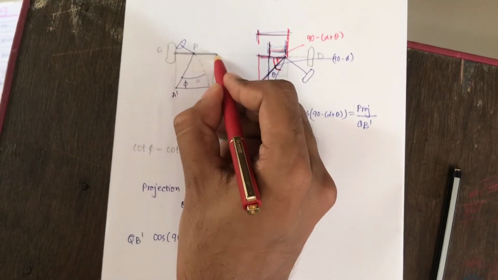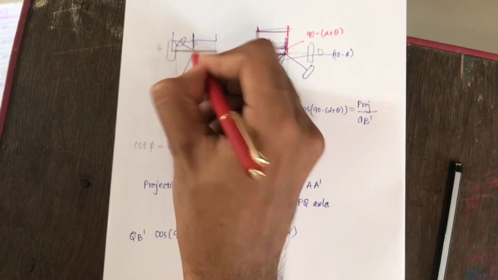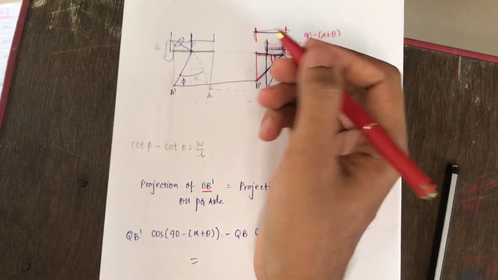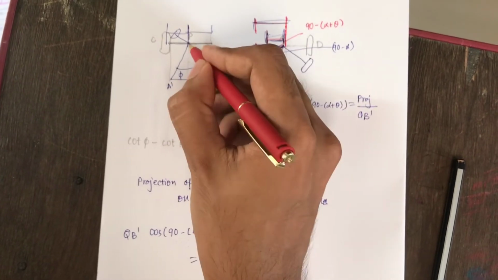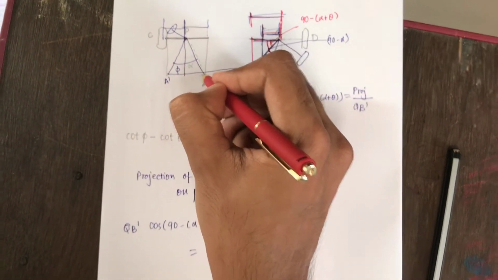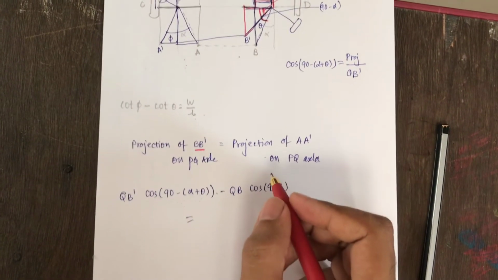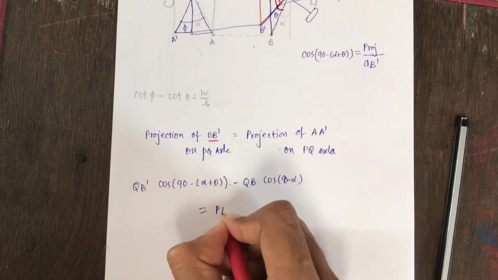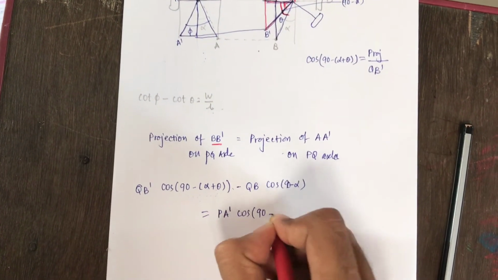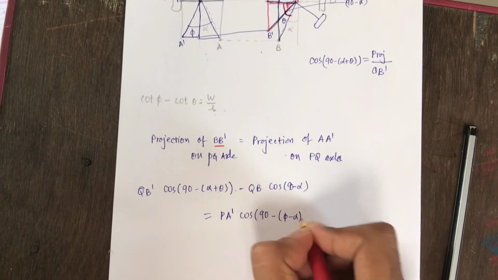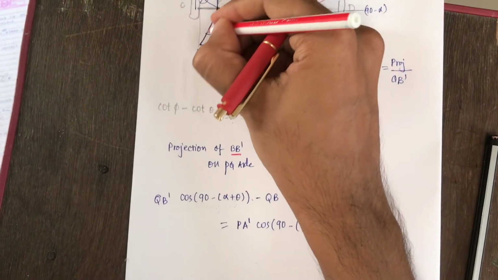Now for the projection of AA dash, it is the summation from P to the right side and P to the left side. Again both are triangles. In that case we can consider this triangle as well as these two triangles. So ultimately we can write PA dash into cos of 90 minus phi minus alpha, that is this angle. Let us draw it.